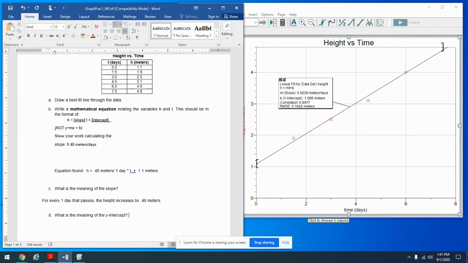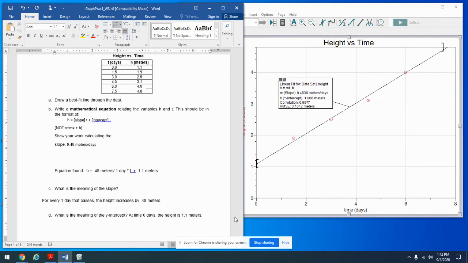So I'm going to say that at time 0 days, the height is 1.1 meters. And notice I'm not just saying it's the starting height. I'm referring to the specific units in this problem. So at time 0 days, the height is 1.1 meters.